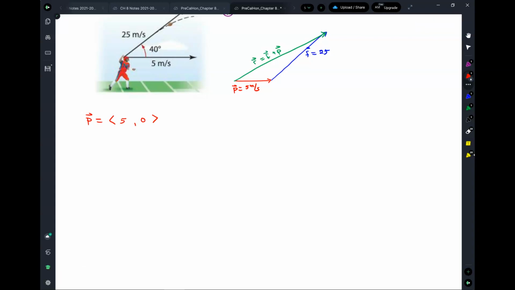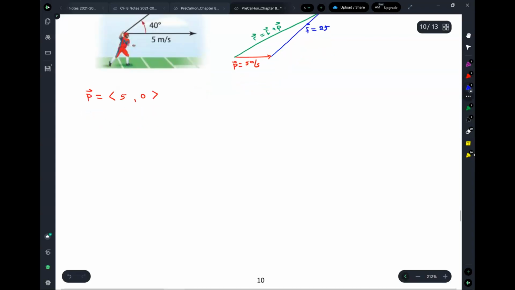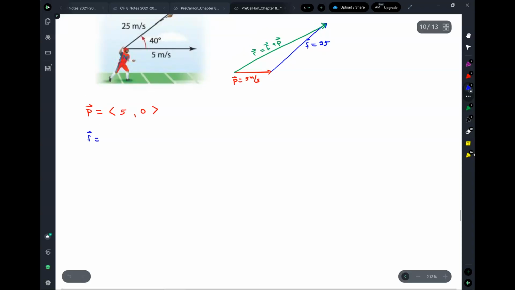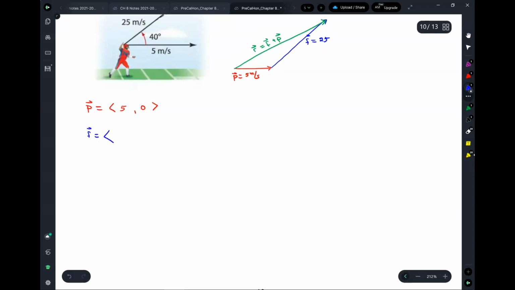Okay? What about F? F is at an angle. When it's at an angle, you have to do magnitude cosine theta, magnitude sine theta. So because F is at an angle, I say 25 cosine 40, 25 sine 40.